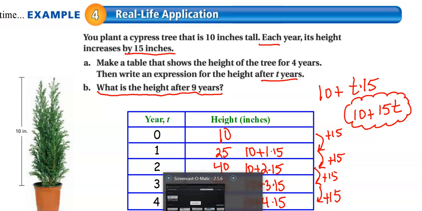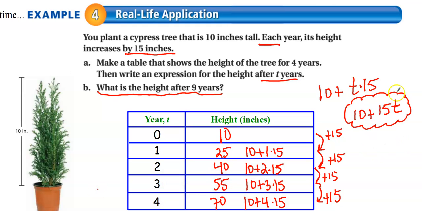Okay, let's check it out right now. If I plugged in 4 times 15 is 60 plus 10 is 70. Yep, that matched. Okay, so now after 9 years, here's what I do. I plug in 9 for t. When I put in a 9 in place of the t, and I do the math, that's going to tell me how tall that tree will be after 9 years.